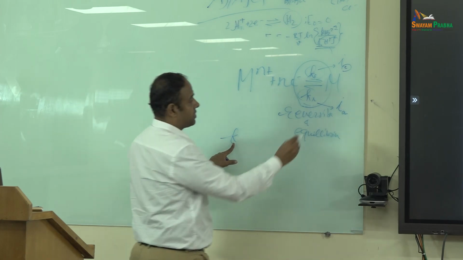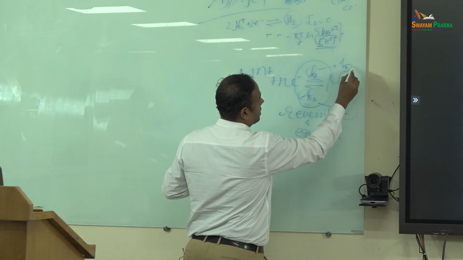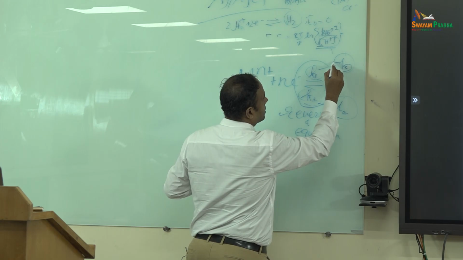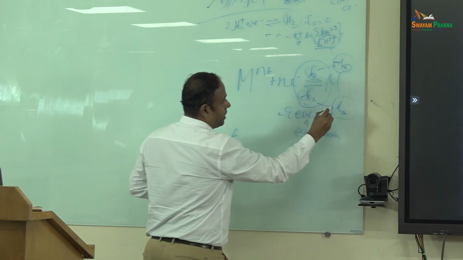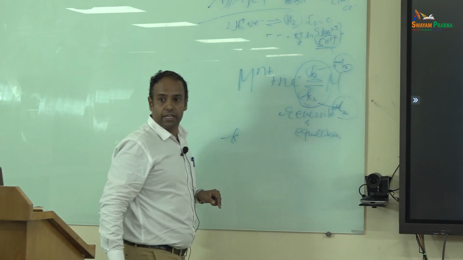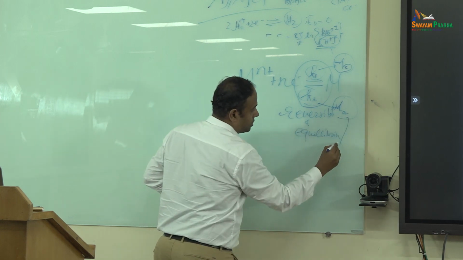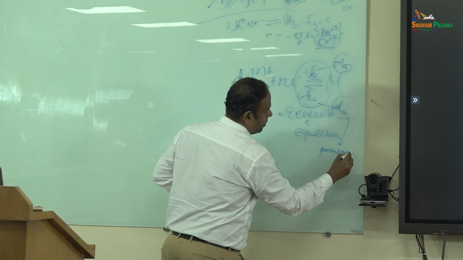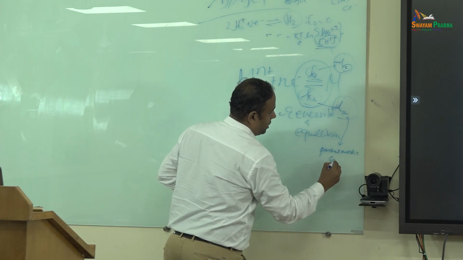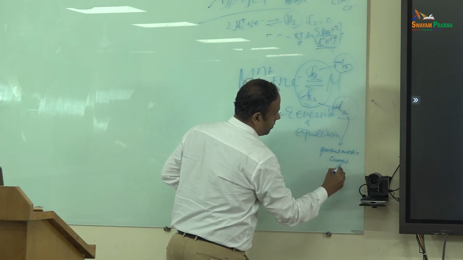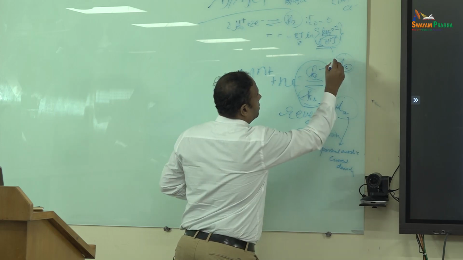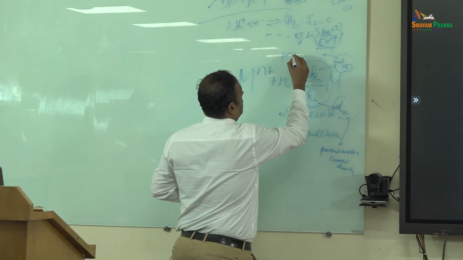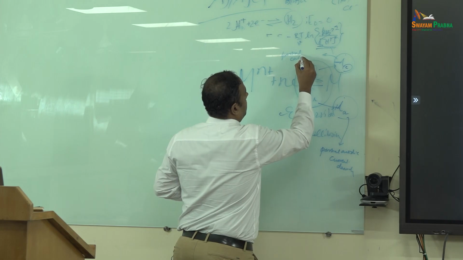So I give a subscript A here and a subscript C here. By convention this is negative, and by convention the anodic current density is positive. This is called the partial anodic current density and this is called the partial cathodic current density.